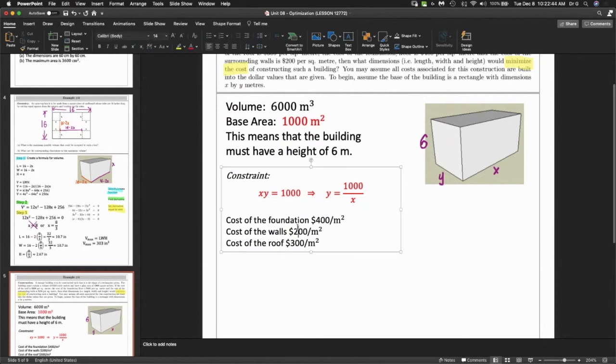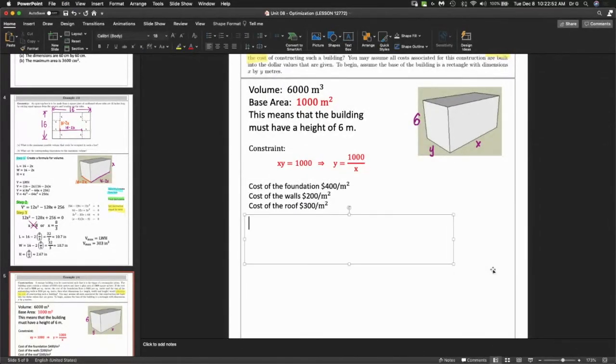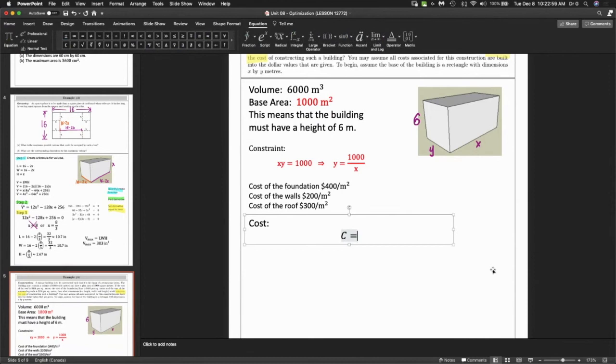So now it's time to build our cost function. We need to create a formula that represents the cost of a building. So the cost formula, the cost equals, so it's going to be the foundation and the floor.